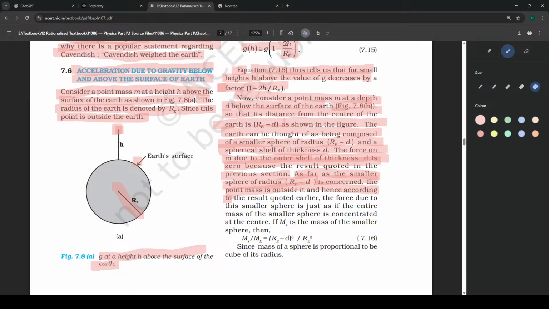Hence, according to the result quoted earlier, the force due to the smaller sphere is just as if its entire mass were concentrated at the center. If ms is the mass of the smaller sphere, then ms by Me is equal to (Re minus d) whole cube by Re whole cube, since the mass of the sphere is proportional to the cube of its radius.